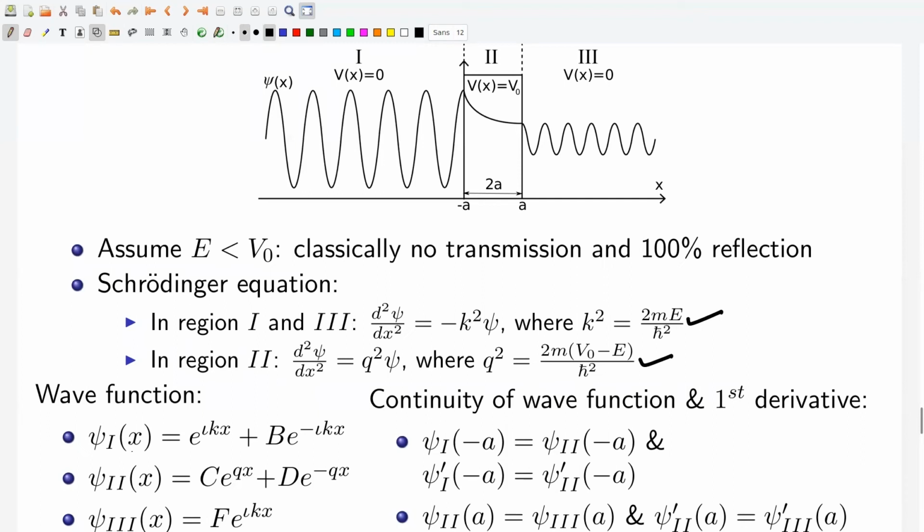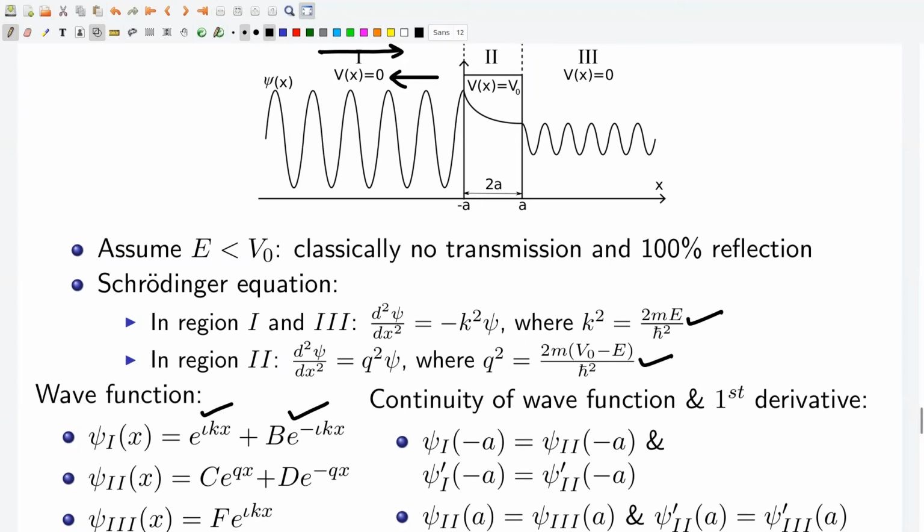So, in region 1, we see that the particle is propagating from left to right, and then it hits the potential barrier here, and then a part of it will be reflected back. So this is the function which is propagating from left to right, and this is the portion which is reflected back.